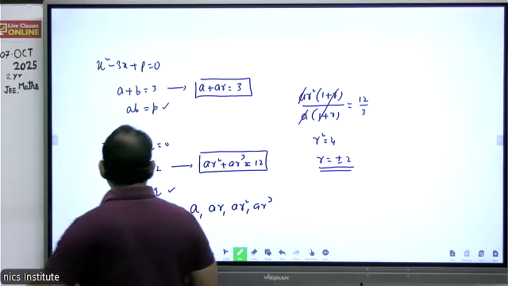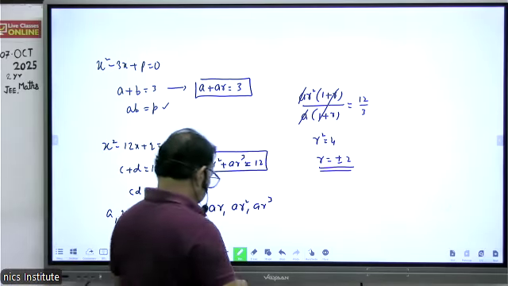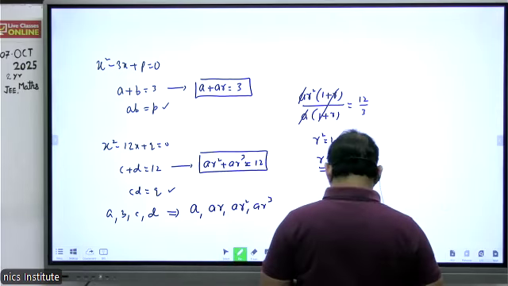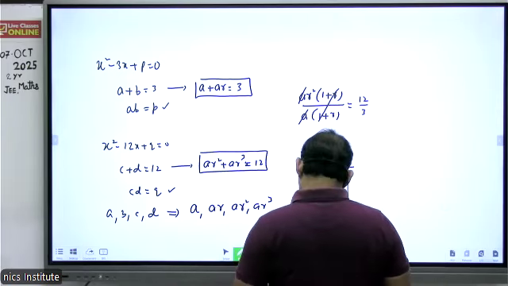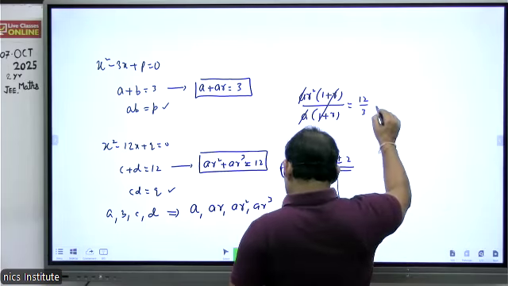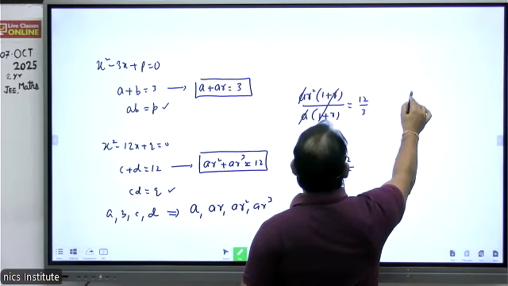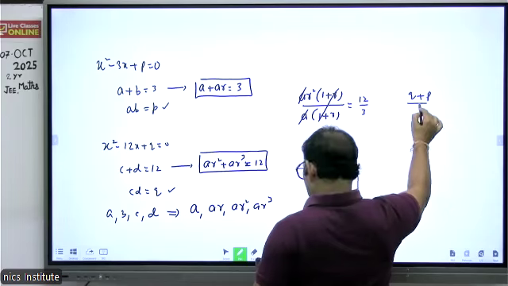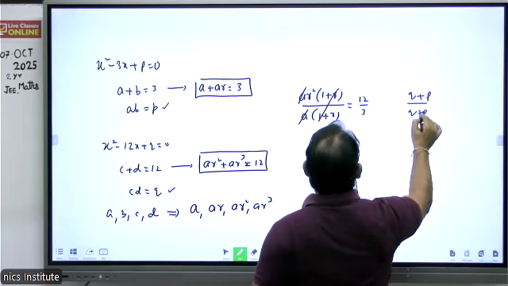And then you can use this. You're supposed to find that q plus p over q minus p.